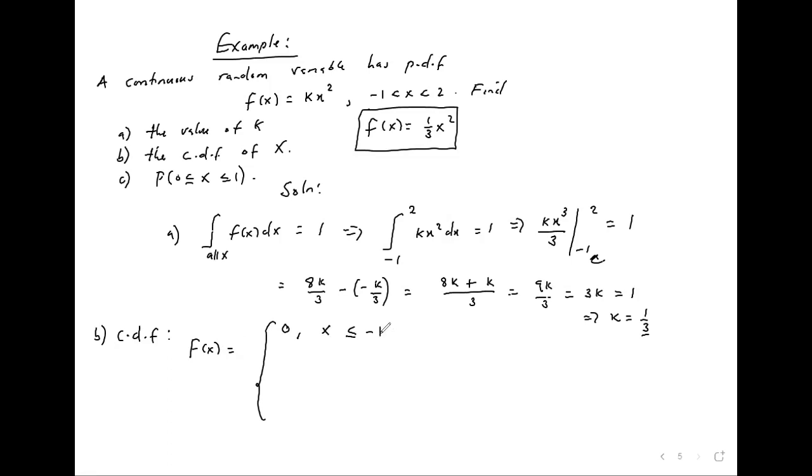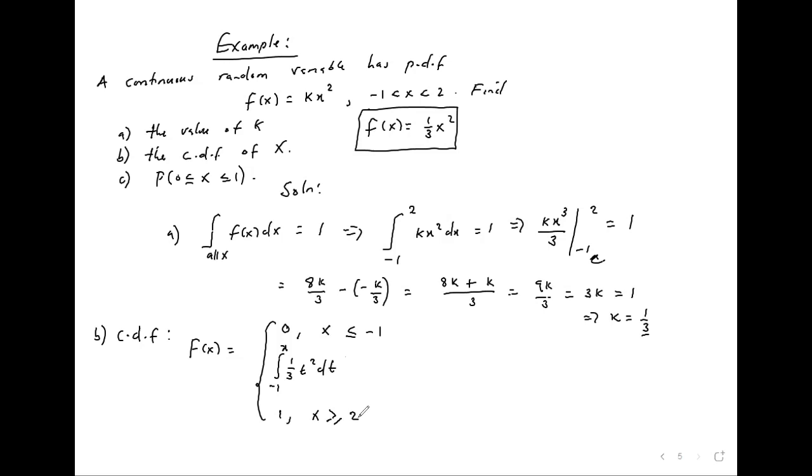Since -1 is not included in our interval there, there's no harm. Then second, you integrate (1/3)x² dx. Do you say negative infinity? No, because we have -1. So from -1 to x, then I'll change the variable to t, so (1/3)t² dt. Then it will be 1 for x greater than or equal to 2.